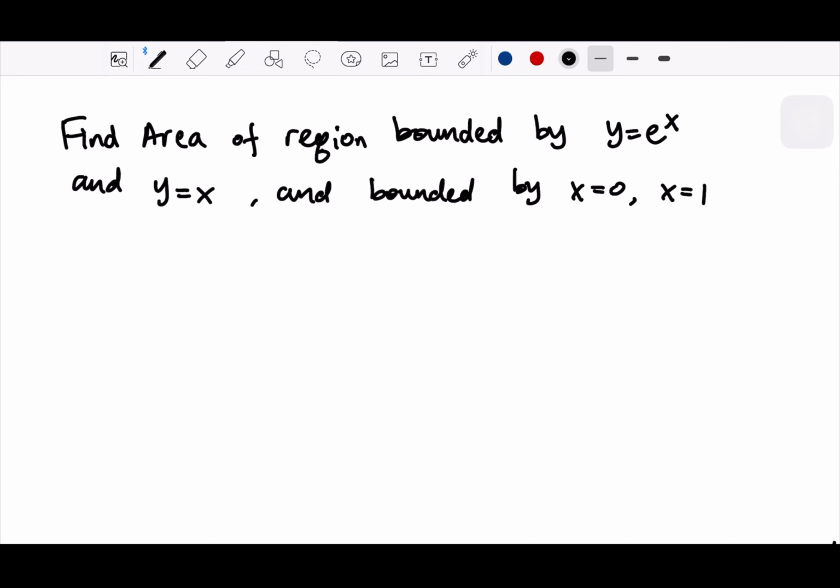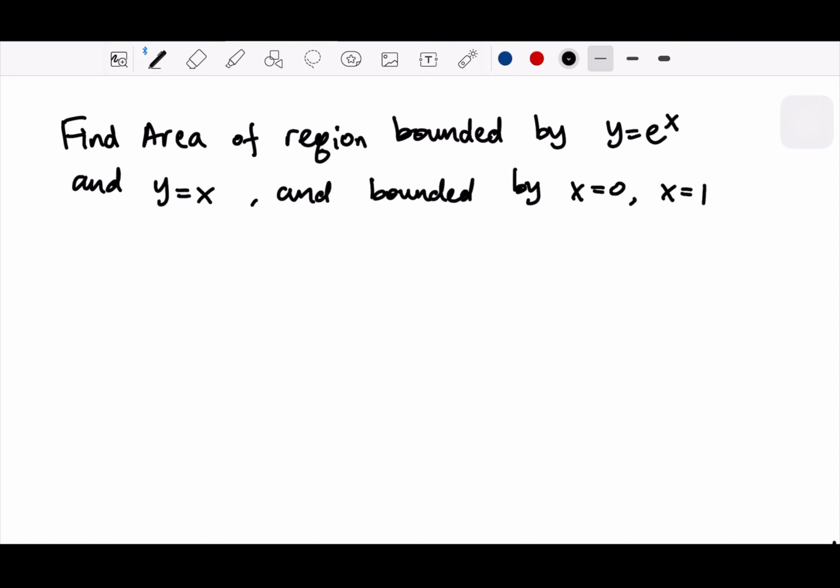Y equals x, I think, is a straight line. And for e to the x, we could check from 0, 1, 2, and see how it compares to y equals x. You can always remember that e is 2.7 something.